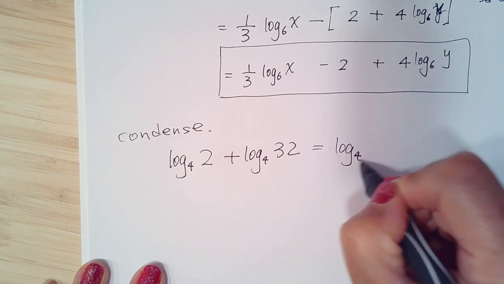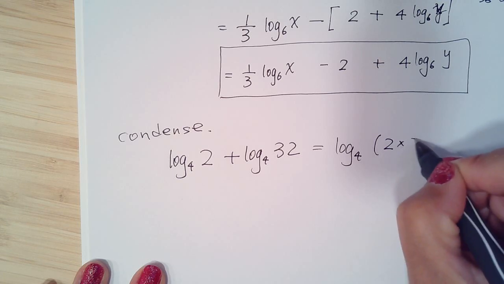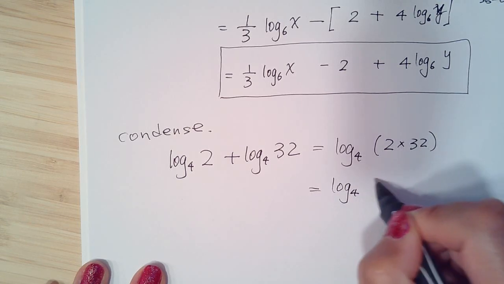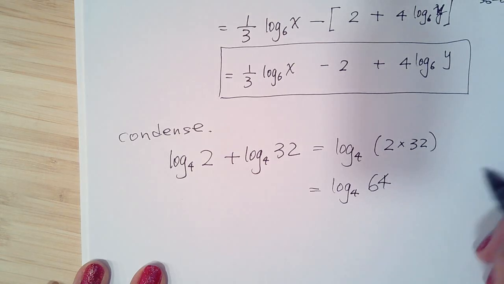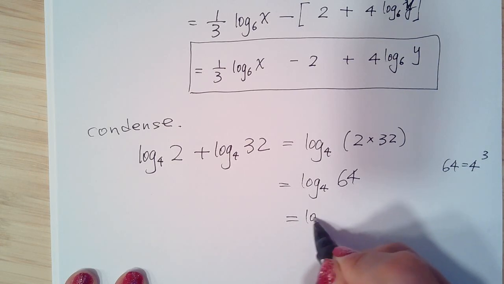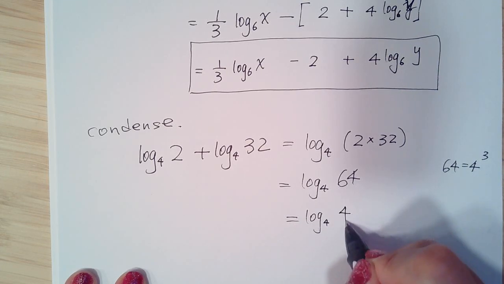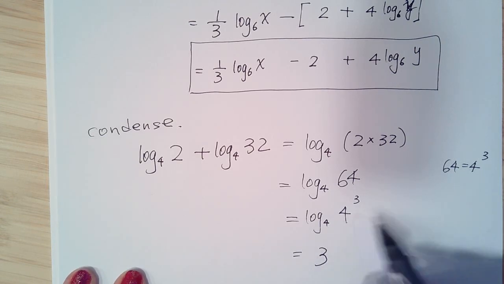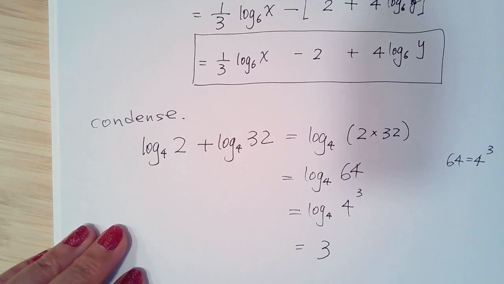So there will be 2 times 32, which is log 4 of 64. But not done yet. I know 64 is 4 to the third. It's 4 cubed. So this is log 4 of 4 to the third, and that is 3. So this is the first one for condensing.